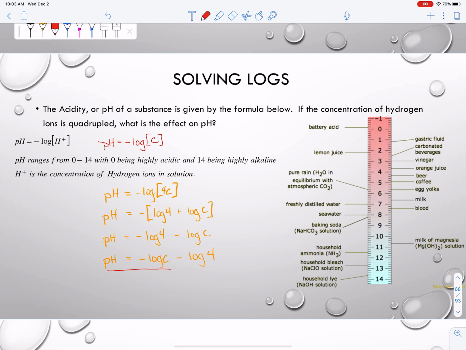So right here, pH equals the opposite of log of C, that is my original equation. So when I quadrupled the concentration of hydrogen ions, what I end up with is my original pH minus log of 4.